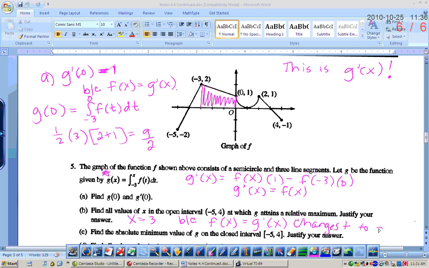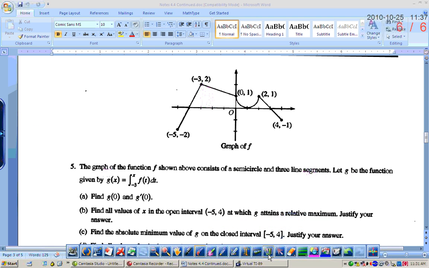All right, C, find the absolute minimum value of g on the interval between -5 and 4, justify your answer. An absolute minimum will occur at a relative min or where else? At an endpoint. And your justification for an absolute min is a t-chart.